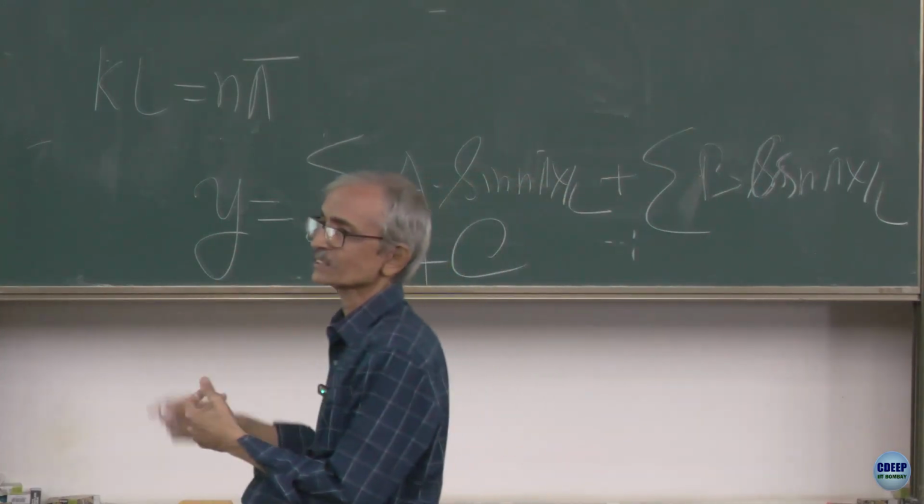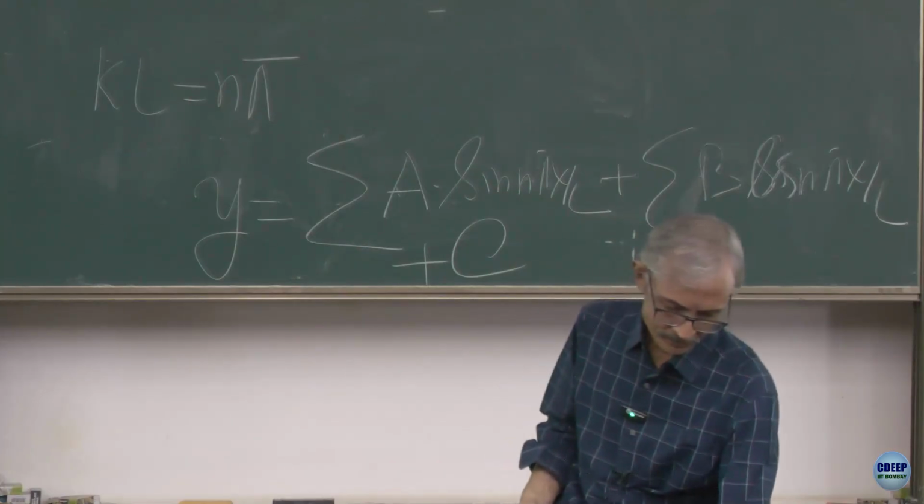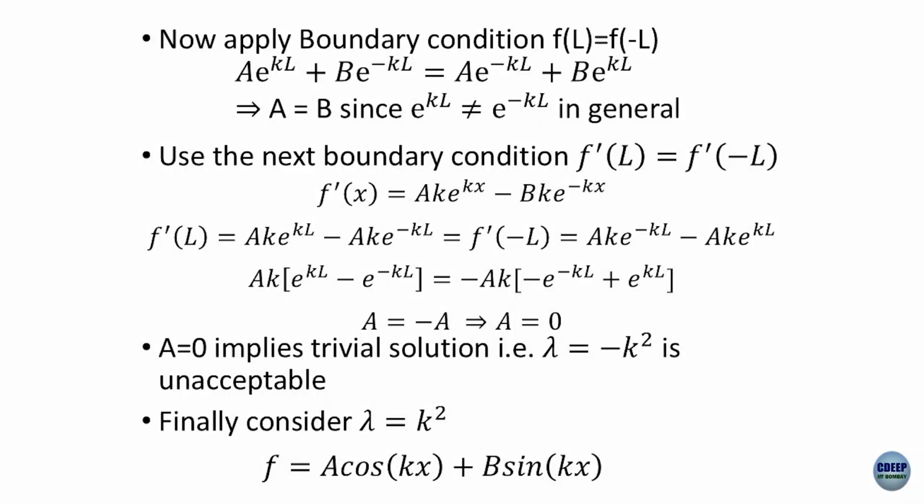Yes, because lambda equal to 0 was not giving me a trivial solution. Lambda equal to 0 ended up with an eigenfunction being a constant, right? So lambda equal to 0, this guy is the contribution of that lambda equal to 0. These are the other contributions of the lambdas, okay?